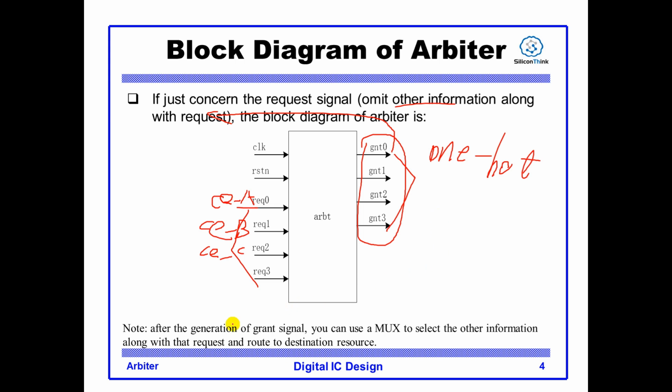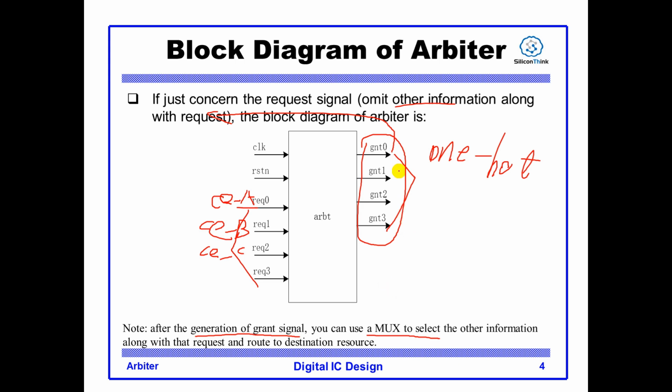If you have generated the grant signal, routing of the other information will be simple. You can just use the grant signals as masks to select the other information along with the request and route it to the destination.